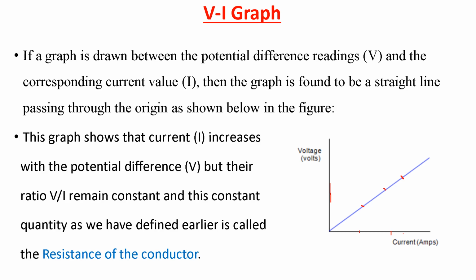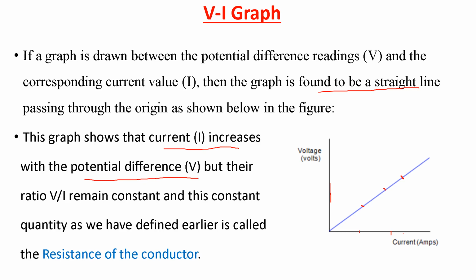On joining the points, the line formed is always a straight line, and this straight line shows that V and I are directly proportional, meaning both are increasing simultaneously. So it can also be concluded that the current increases with the potential difference, and V by I always remains constant.